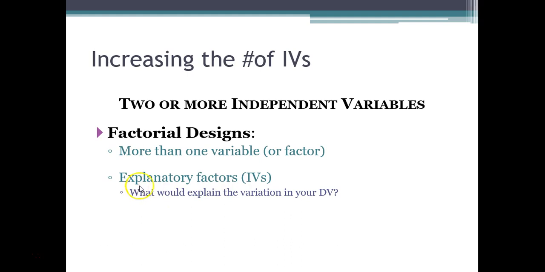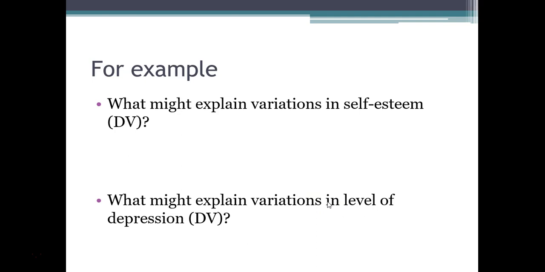And when we talk about factors, we're talking about explanatory factors, which are your independent variables that would explain the variability in your dependent variable. So when you're thinking of something, let's just use one example here, depression as our dependent variable. Up until now, we've only had one independent variable.